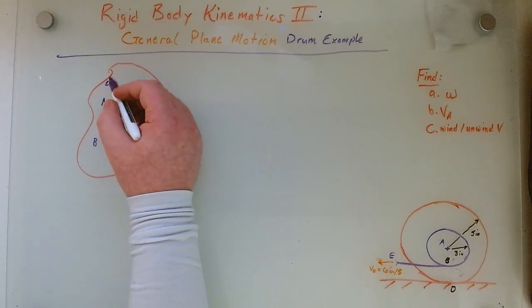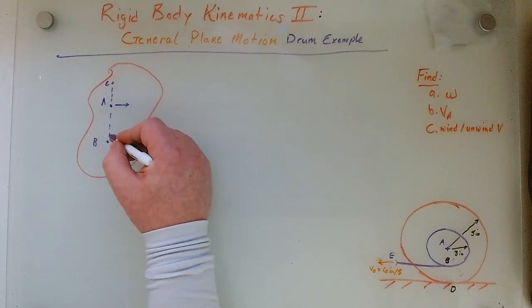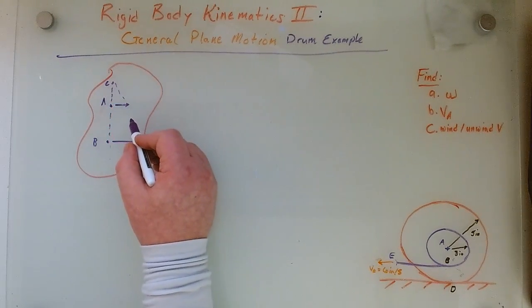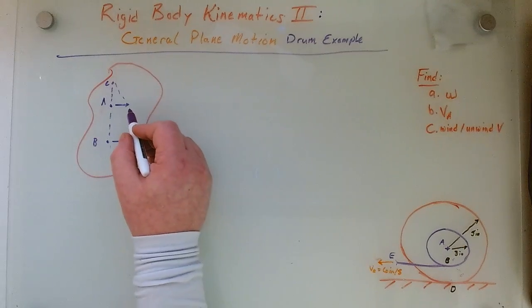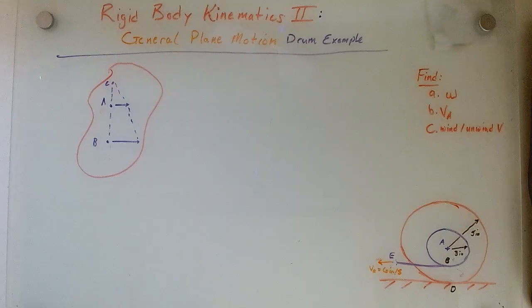And C is there, and then it would be between the points, but it also connects in a way that forms a similar triangles idea, which is super cool and useful when we're dealing with stuff that is circular, or really any time that the velocity of A and the velocity of B are parallel.